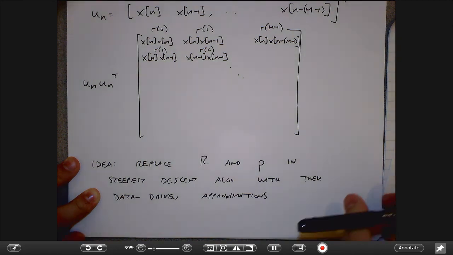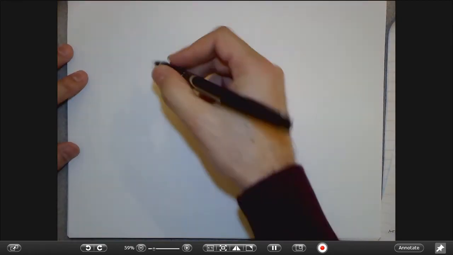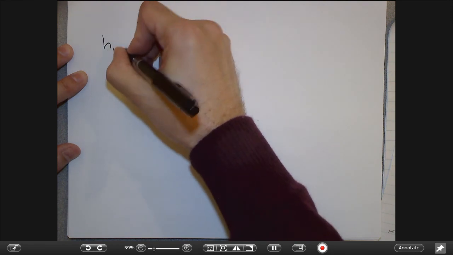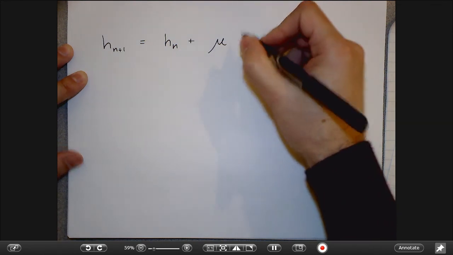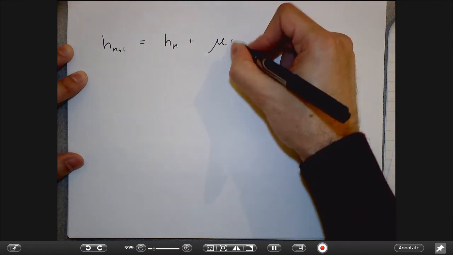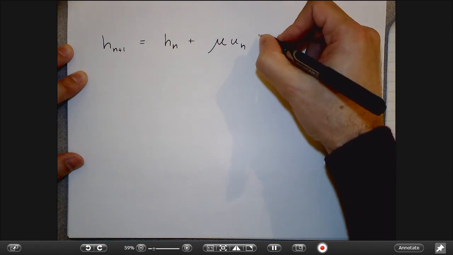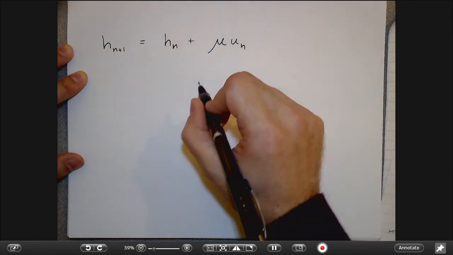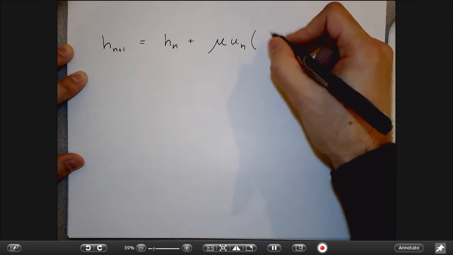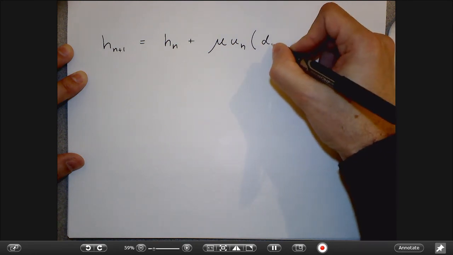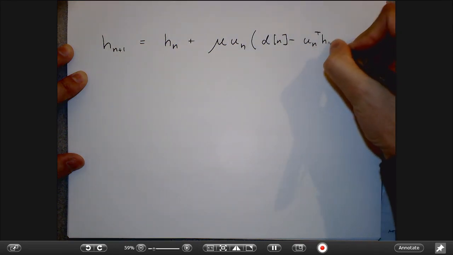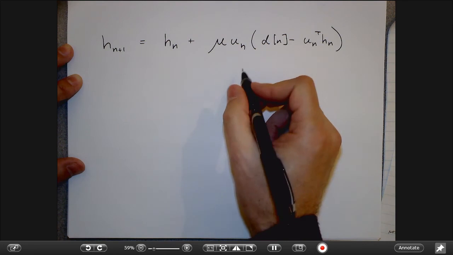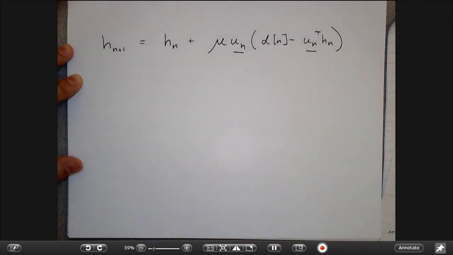And it turns out the result of that is this. So what I get is h of n plus 1 equals h of n plus some step size, and then I define this u n vector. So this u n transpose is where the R hat comes from, right?